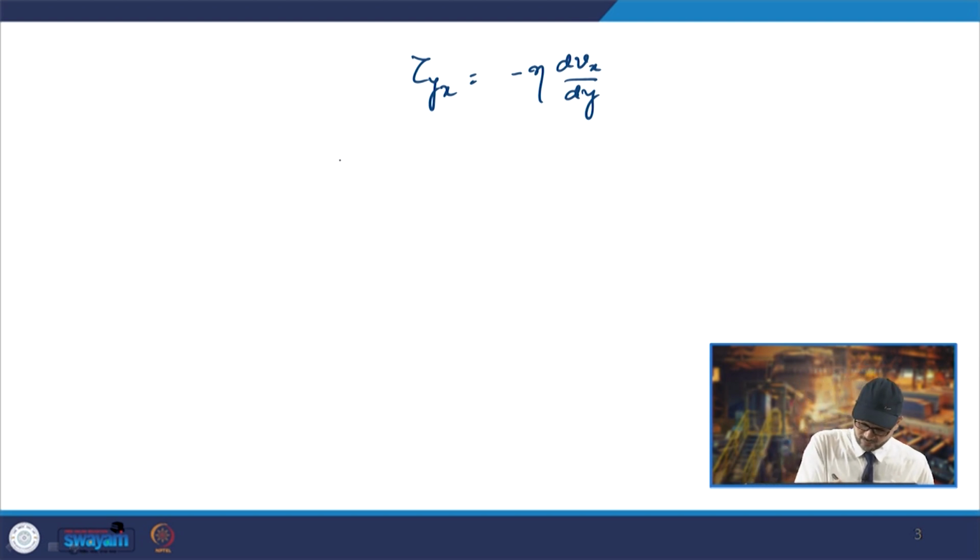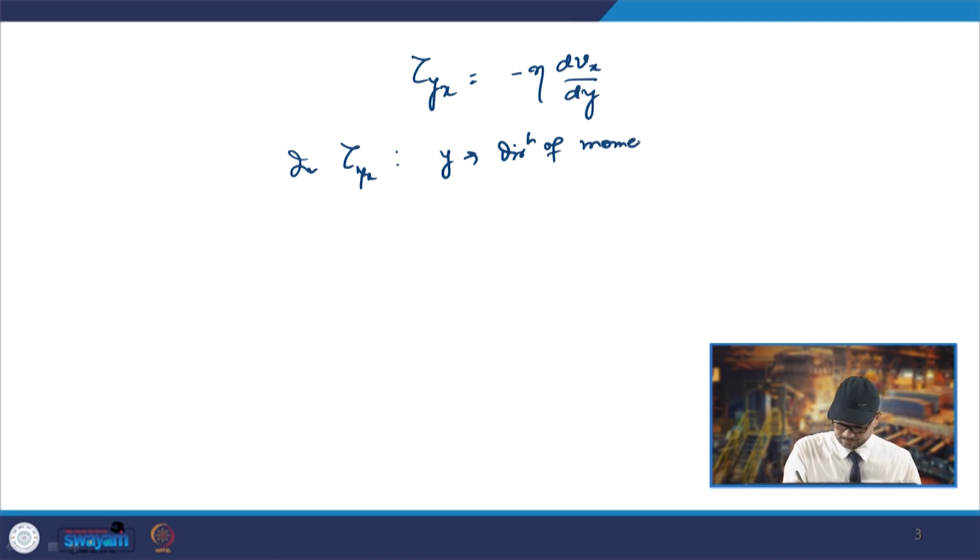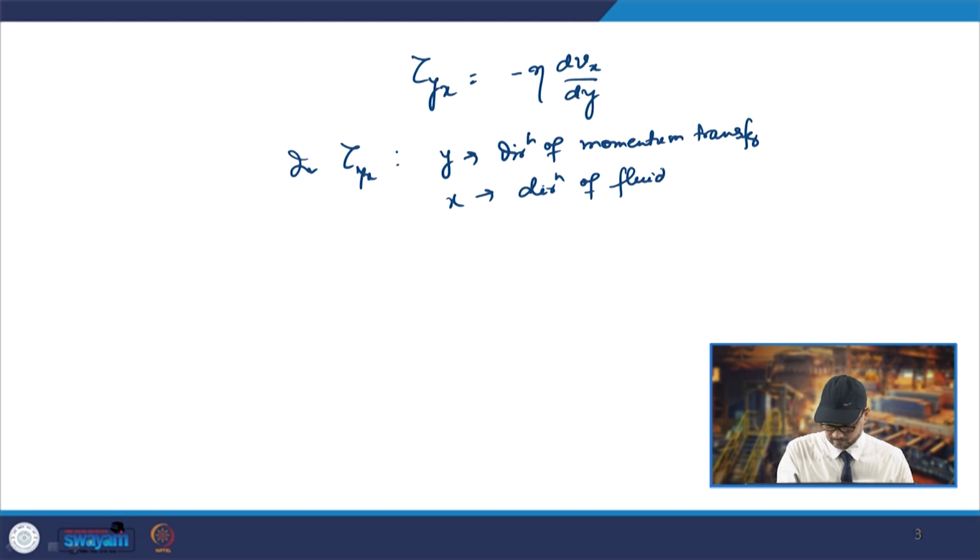The y is the direction of momentum transfer, and x is the direction of fluid velocity. So, that way we are writing tau yx.